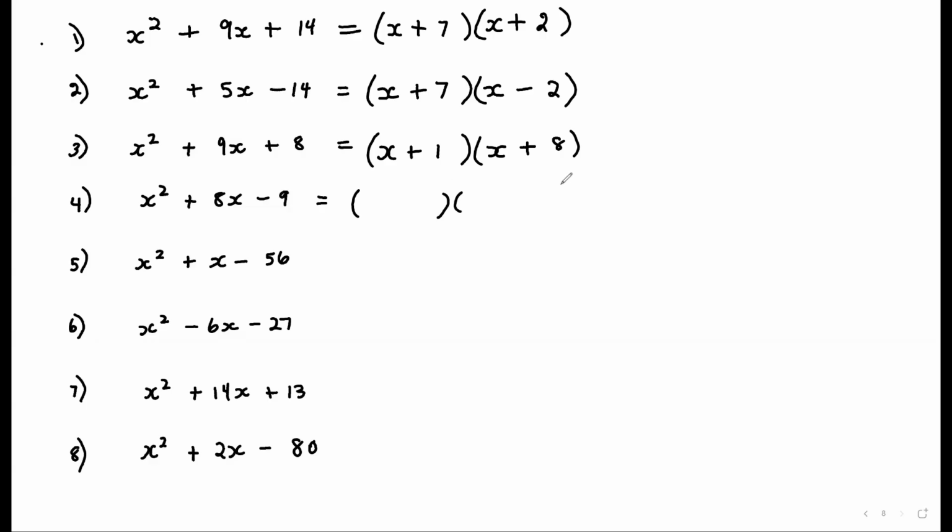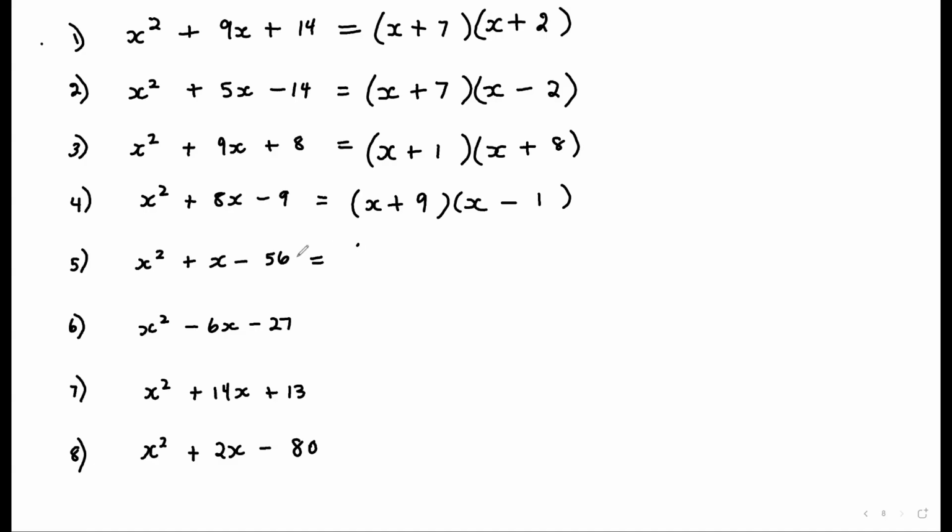So C is negative, so one of the factors will be plus and the other one will be minus. The factors of 9 are 1 and 9 or 3 and 3. So the only one there that could give us 8 will be 1 and 9. It's positive 8, so it has to be 9 take away 1, which gives me the positive 8. And 9 times minus 1 gives me minus 9.